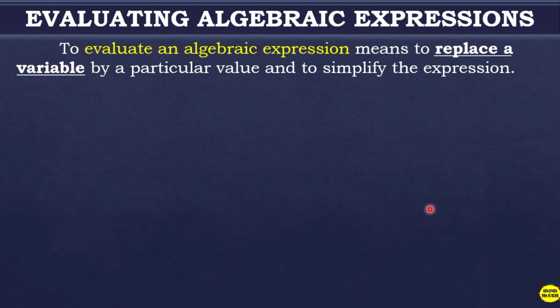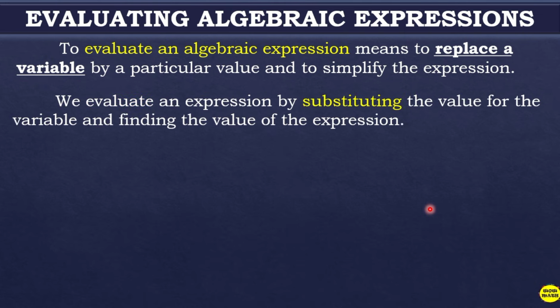So, ibig sabihin, mag-a-assign tayo o papalitan natin yung variable ng value. Ano yung value? Minsan given siya, minsan it's up to you. Okay? So, we evaluate an expression by substituting the value for the variable and finding the value of the expression.